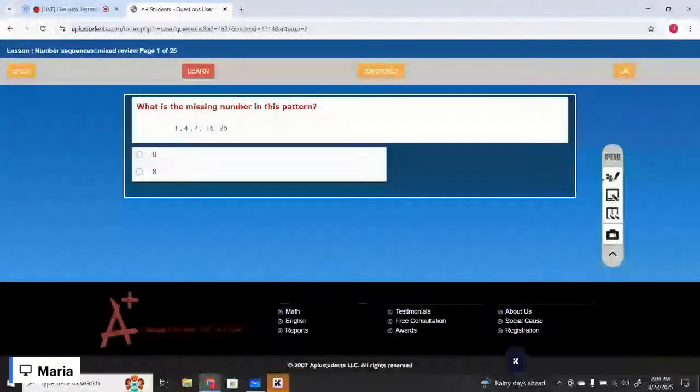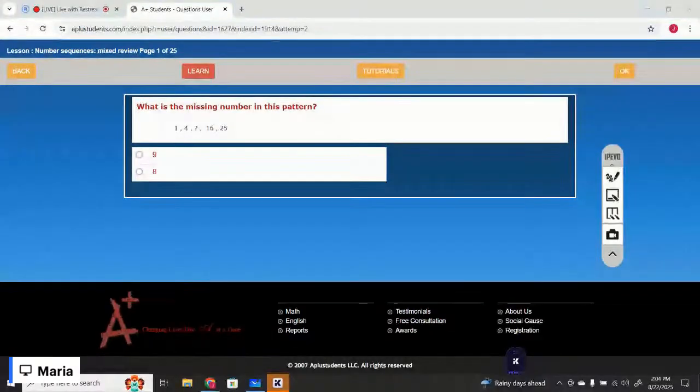One, four, the missing number, 16 and 25. So that is 1 squared. 1 is the square of 1, 4 is the square of 2.